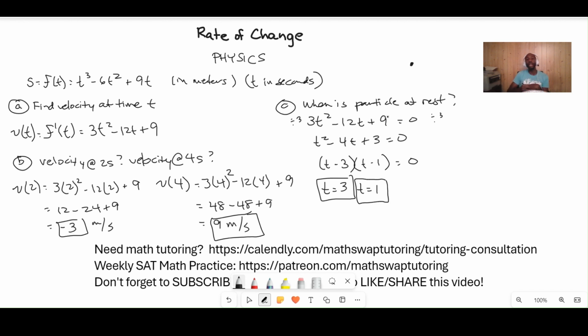So you can literally start to develop a picture of what this thing is doing. Let me think about this here. Look at this, just so you can see what I mean. At 1 second, this thing is not moving. Then we said at 2 seconds, it's going backwards, negative 3 meters per second.